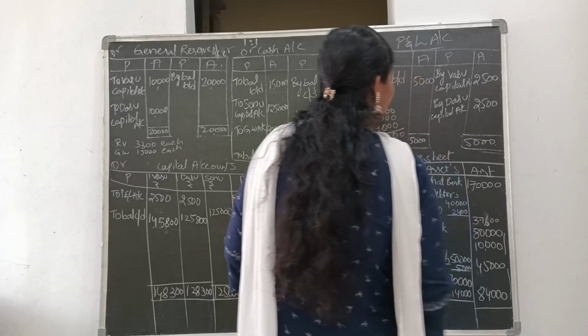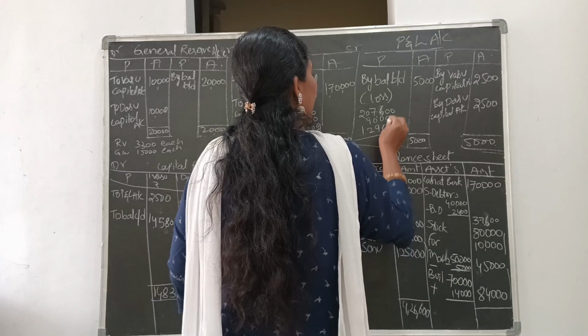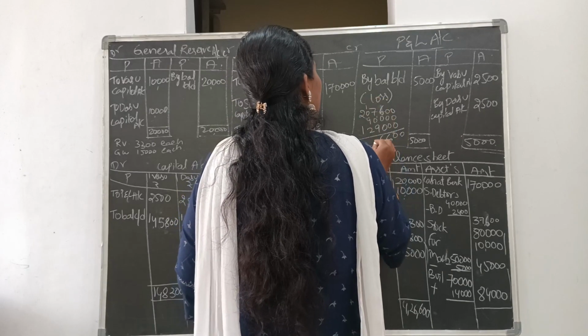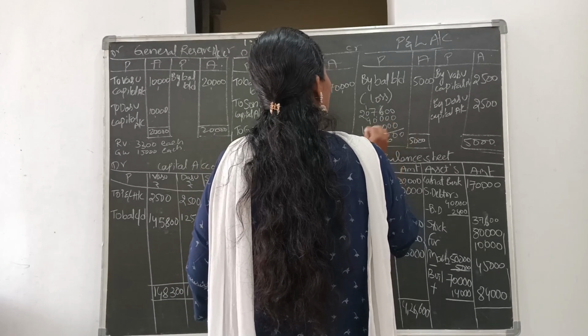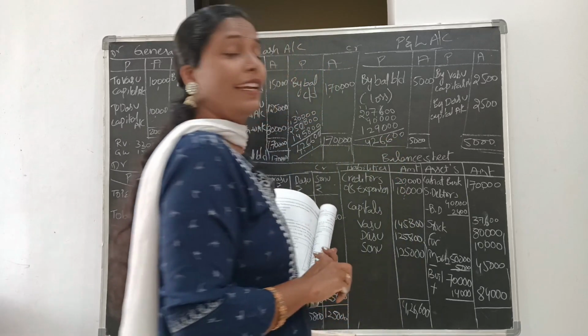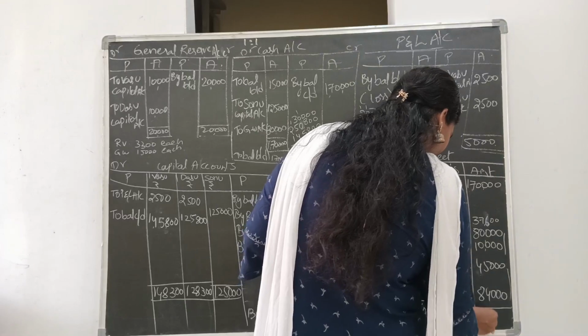So the value is 600. So 4,26,600. So this is also tallied.